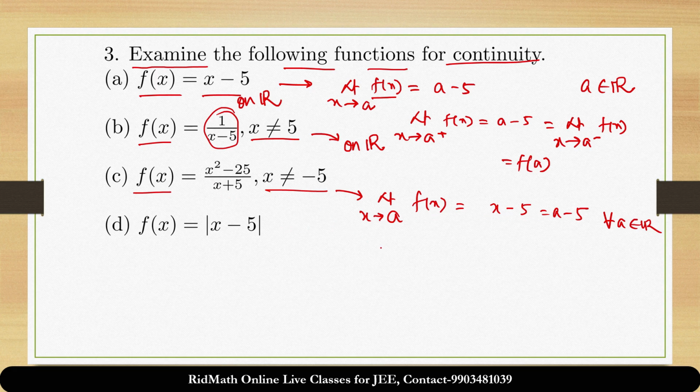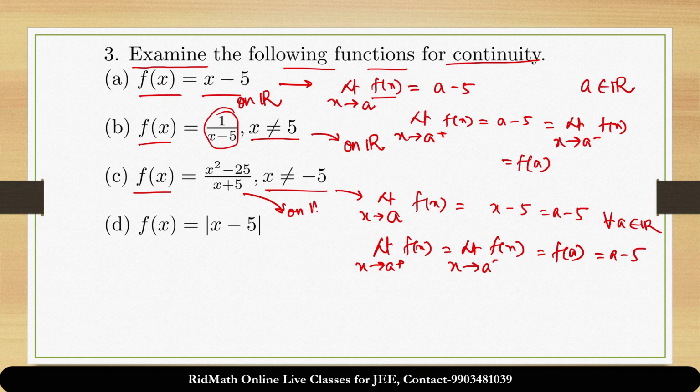So this would be limit x tends to a plus f(x), and also limit x tends to a minus f(x) and f(a). These three are equal, and that is a − 5. So this is continuous on whole R.